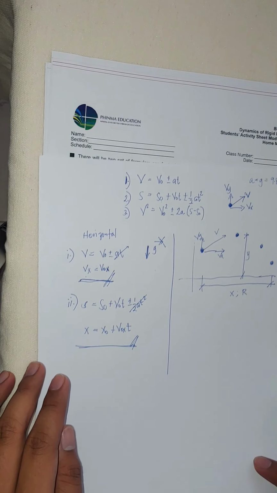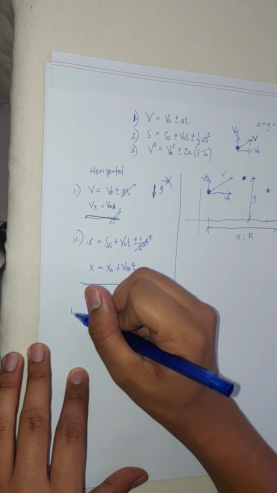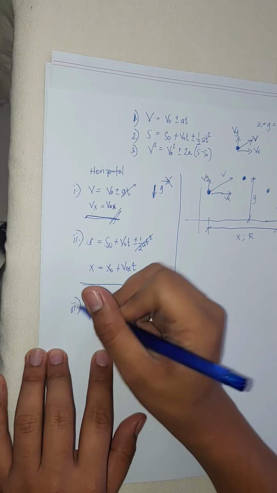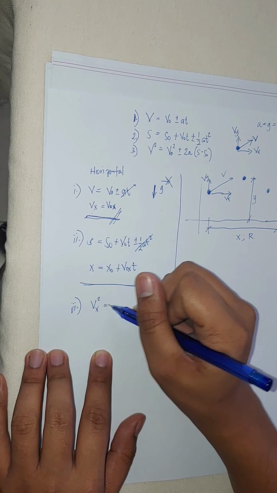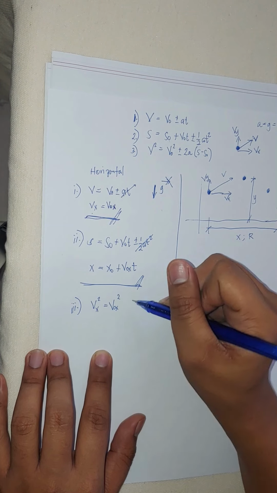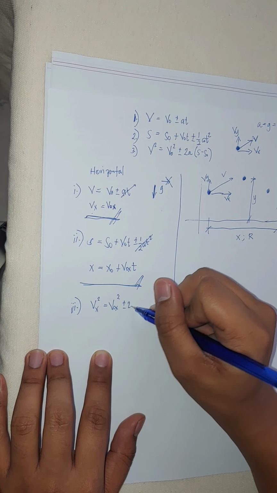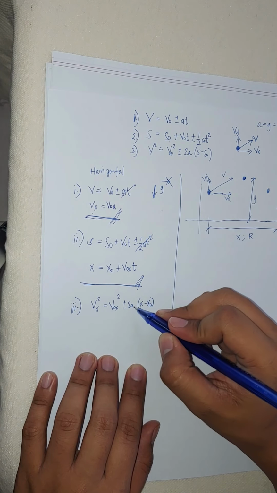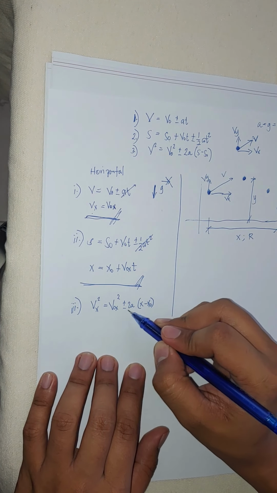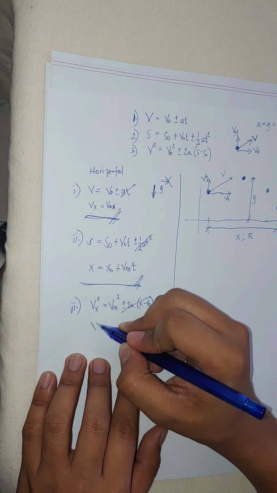And then our third equation for the horizontal component, we have Vx squared is equal to Vox squared plus or minus 2a times x minus x naught. Since there is no acceleration along the horizontal component, this automatically becomes 0.